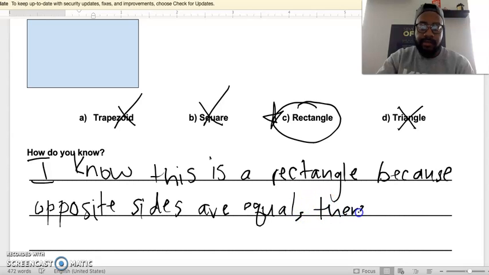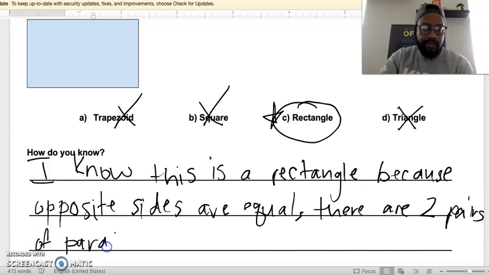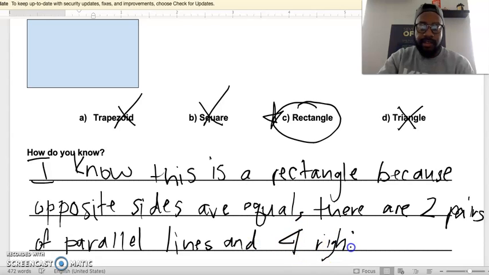There are 2 pairs of parallel lines and 4 right angles. Period at the end. Perfect.